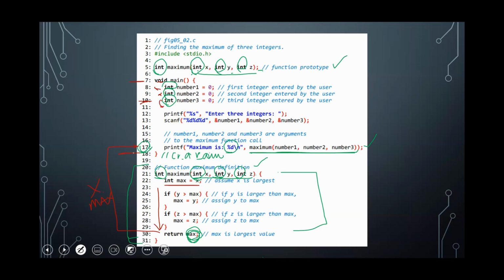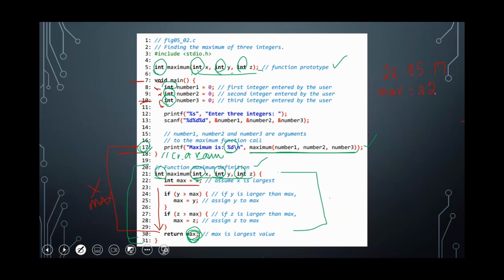So now if I put in values such as 22, 85, and 17, what's going to happen? You're going to come down to your function when you get to 17, and you're going to say int max equals x. So your max equals 22.